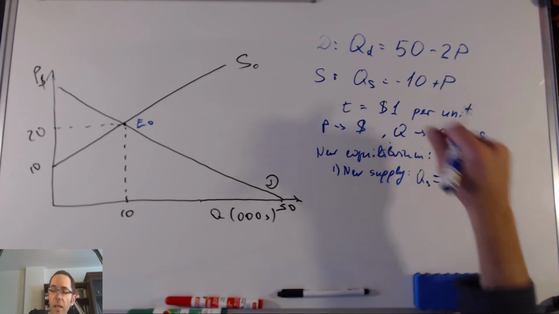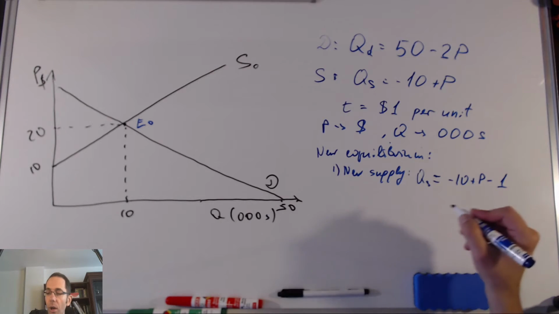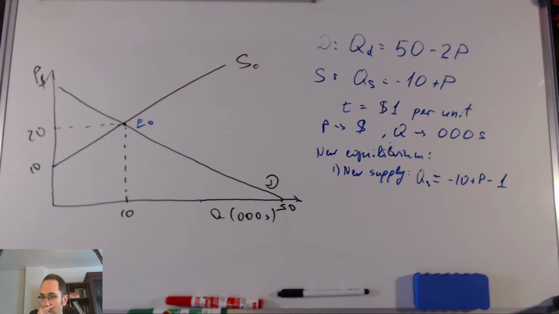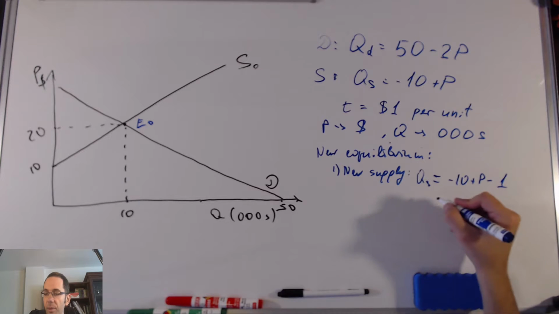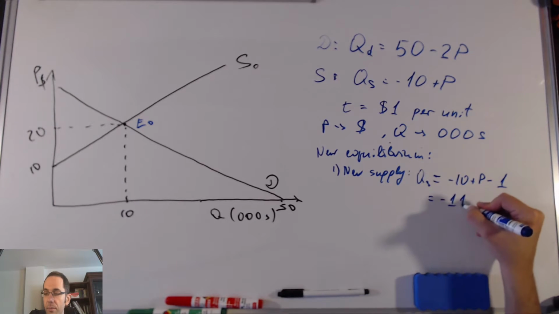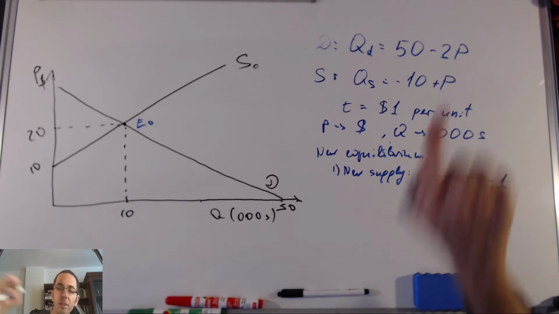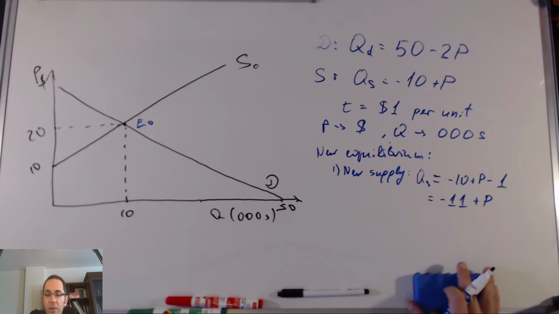This one comes from the tax, and again, we have a negative sign because we want to decrease the supply. So if we do this, we can simplify it as minus 11 plus P. Okay, this is our new supply. The old one was minus 10 plus P. The new one is minus 11 plus P.